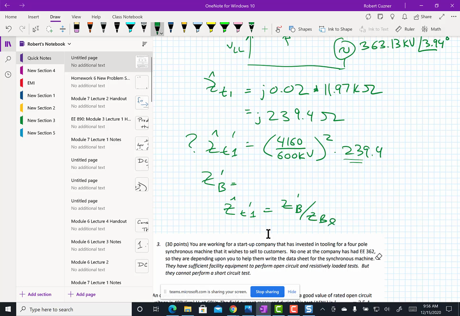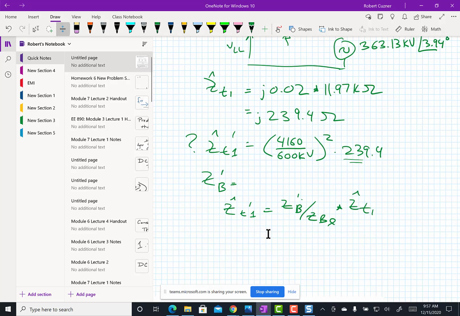So this is the transmission line, this is the generator, times the value that I got on the line side, which is ZT1. That's what I'm going to do.